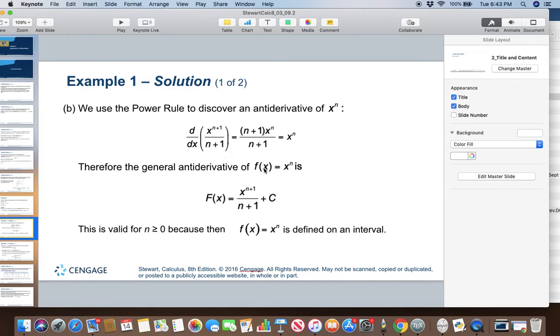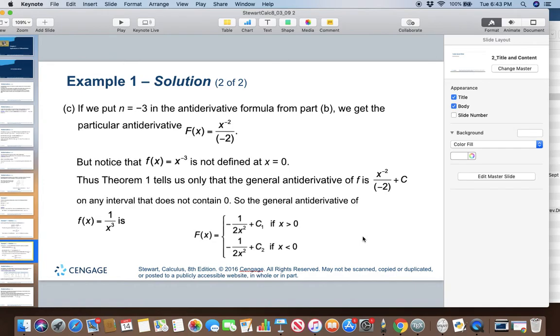In other words, the antiderivative of x to the power n is this guy. But I am asked for a general one, so I have to take that guy and add a constant. This is the general antiderivative of x to the power n. Okay? This is valid for all n greater than or equal to 0. Okay? So this is defined on our interval.